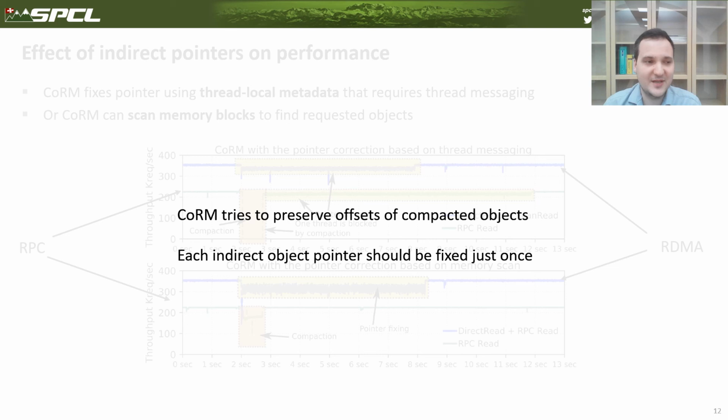Actually, the developers who would use CoRM could tune these parameters and prevent more than X lost indirect pointers in blocks after compaction. But in that case, we were just checking whether two blocks are compactable. If they're compactable, we would always compact, even if it creates many lost pointers.